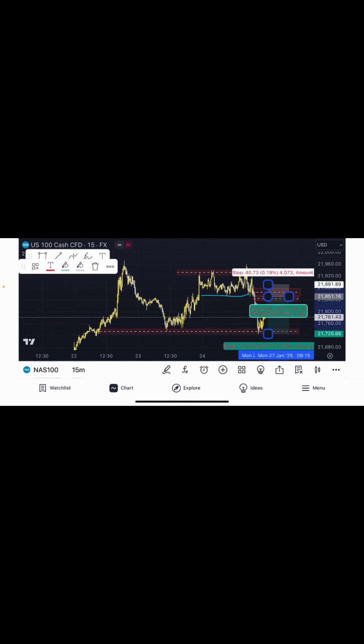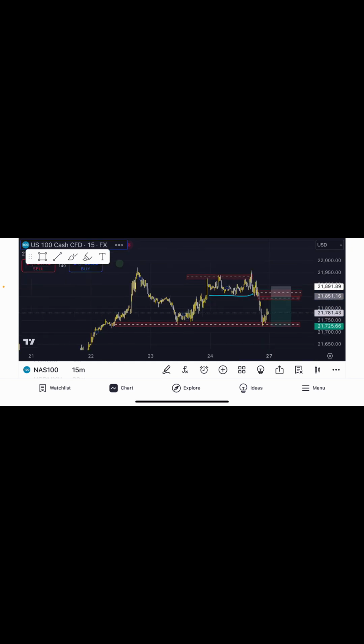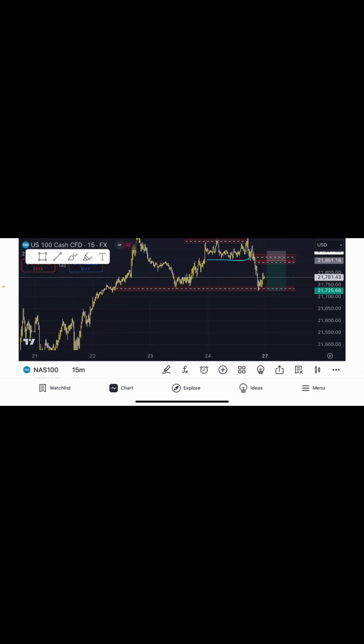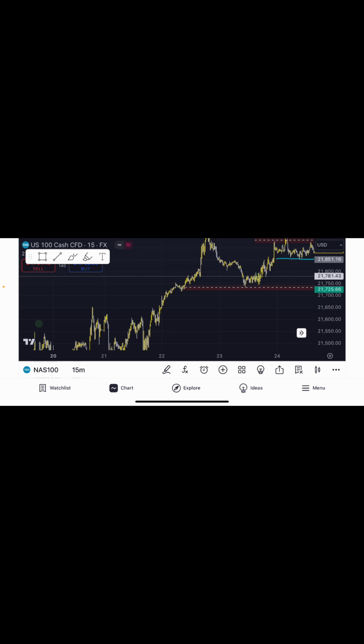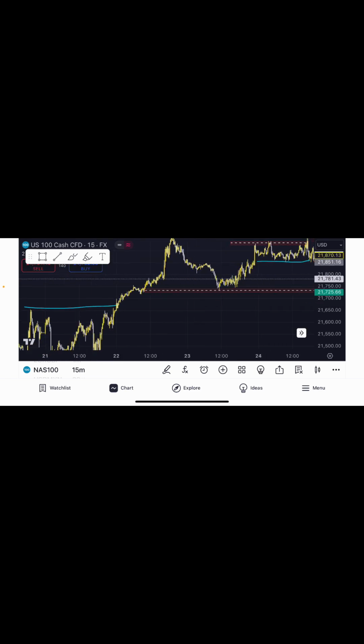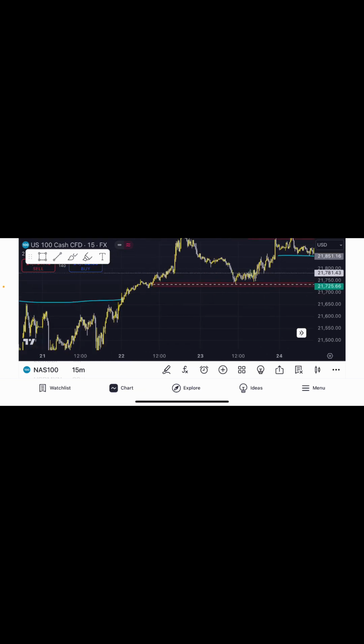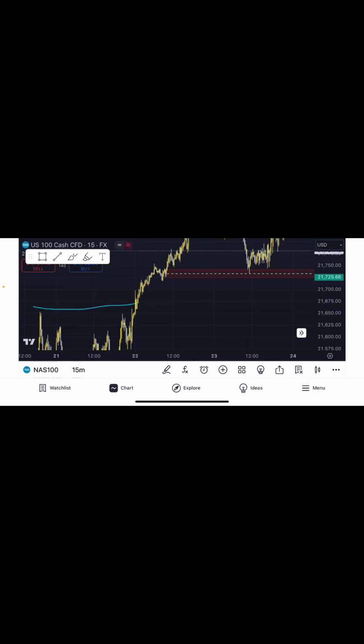Even though this is my TP, if I go further to analyze this, I will highlight the fact that we have another break of structure right here. So now I know for a fact the market will want to come here after this break of structure.